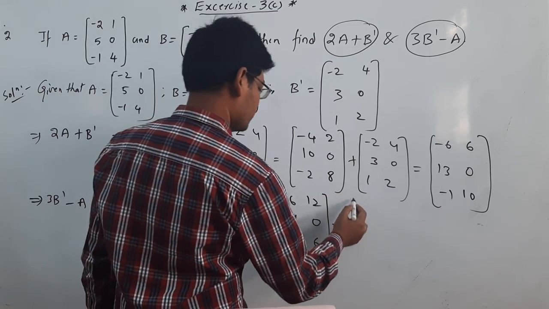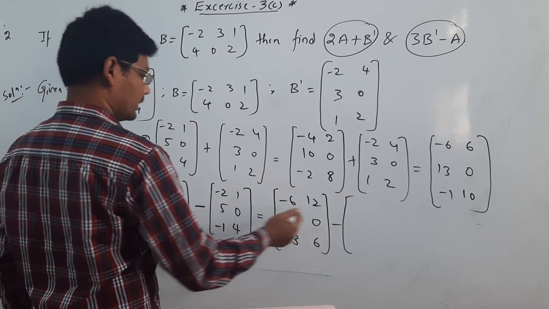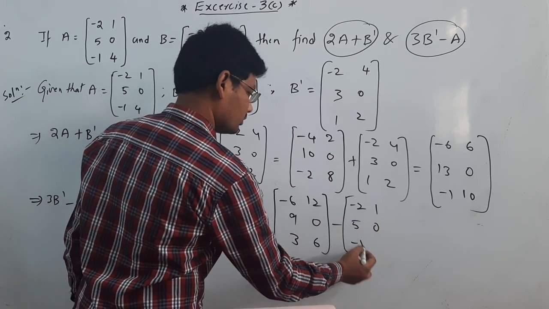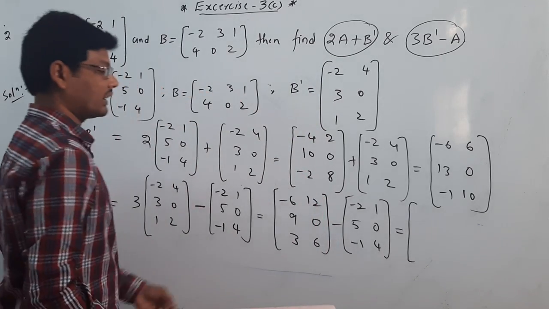Minus of A, minus into minus, sorry, just write the terms, it is simply 5 0. Let's directly subtract here.